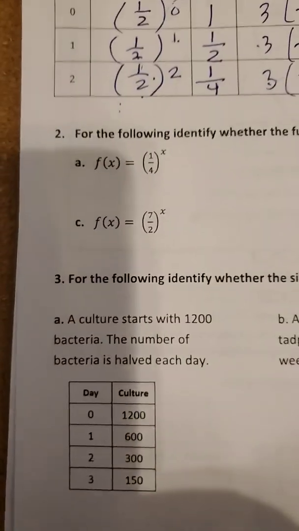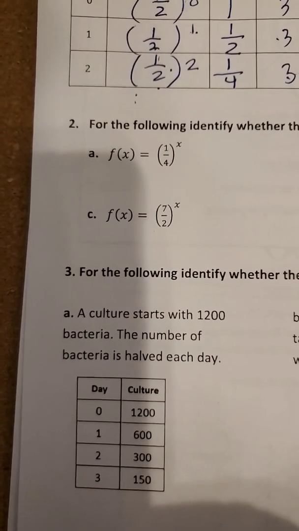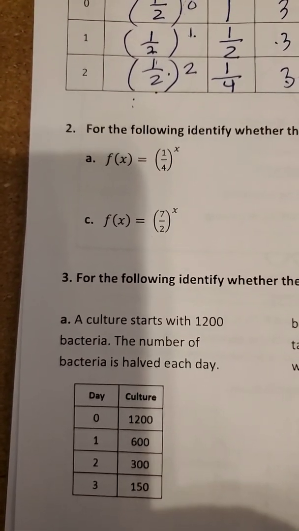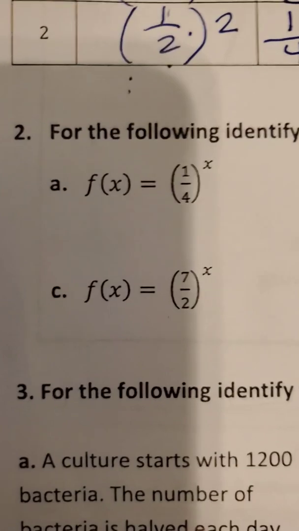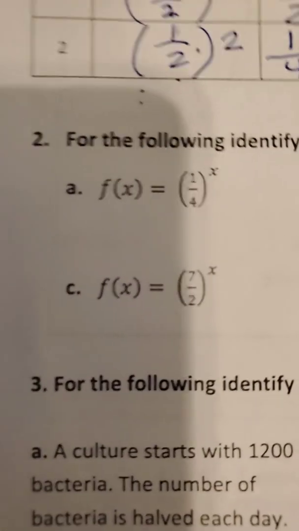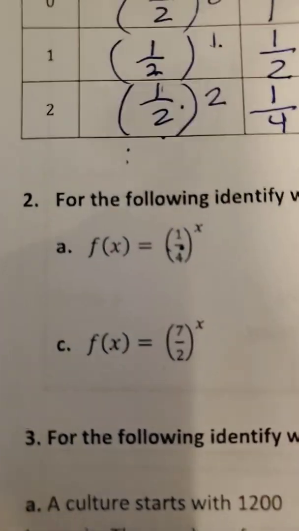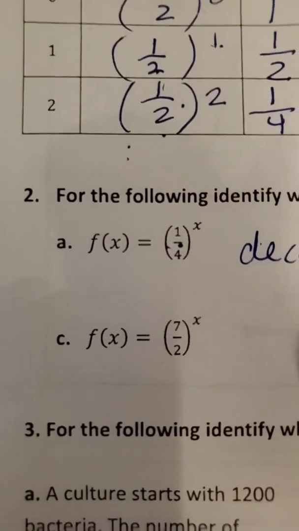Let's look at the next one. It says, for the following, identify whether the function is exponential growth or decay. If this number right here is less than 1, you're just going to put decay.